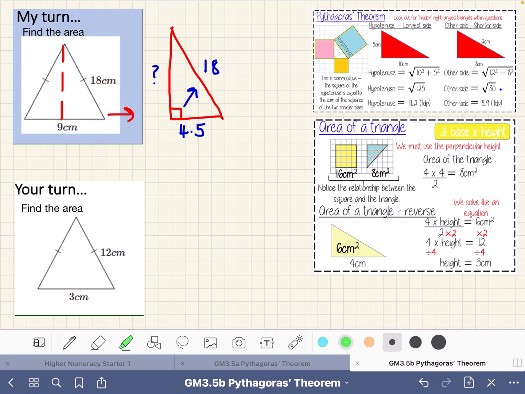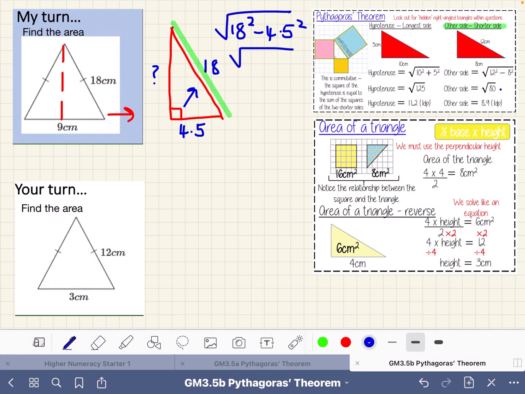Because we know the value of this hypotenuse, we are looking to calculate the length of a shorter side. That means we need to square both of the sides and subtract them to be able to find out what the perpendicular height is. That means in this case we are taking 18 squared and subtracting 4.5 squared away from it.